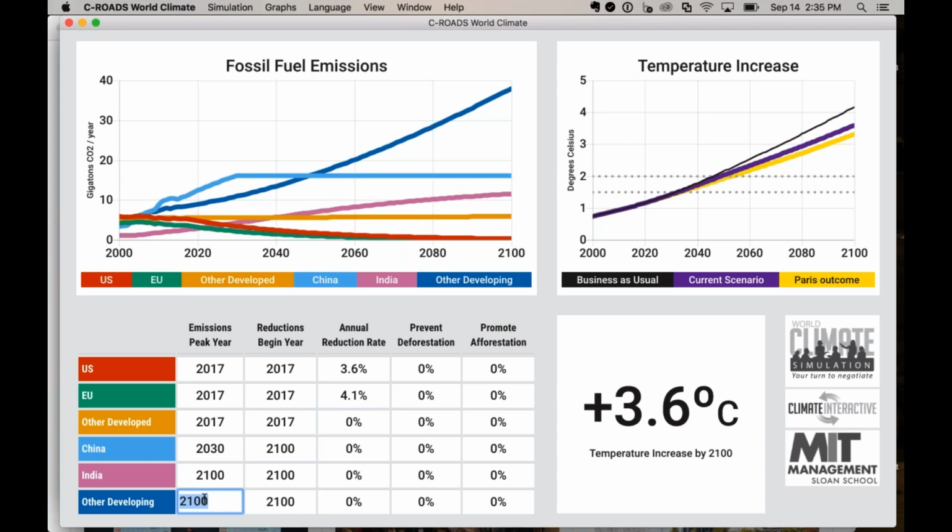India and the other developing countries, they don't have big pledges on the table. India has taken some steps to really accelerate their renewable energy development, so that's a promising sign. So perhaps they'll peak their emissions somewhere around 2045, and hopefully that's sooner, but we just don't know yet.